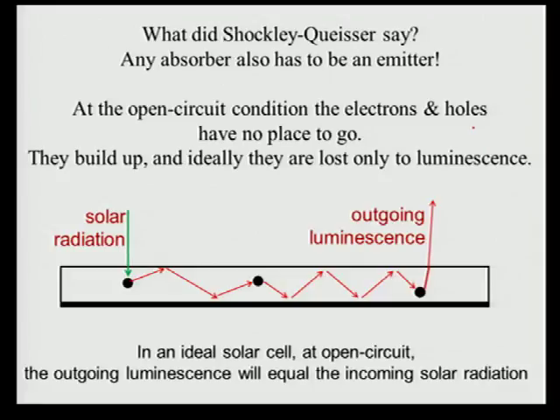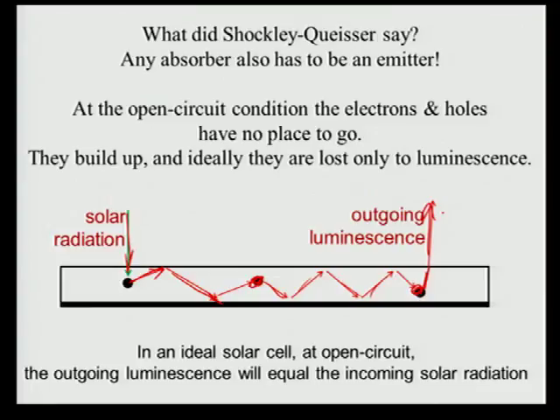So Shockley said that any absorber also has to emit light. The solar radiation comes in. It's very difficult emitting the light. Light is trapped internally. It bounces and bounces, suffers parasitic losses, gets reabsorbed, suffers losses because the emission efficiency is not 100%, bounces, finally gets absorbed, re-emitted, and has a chance of getting out.